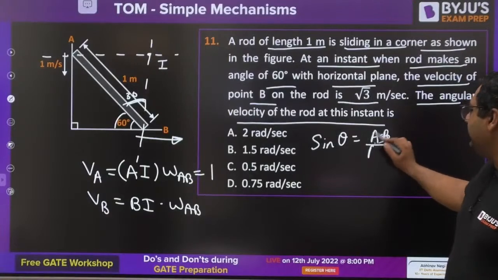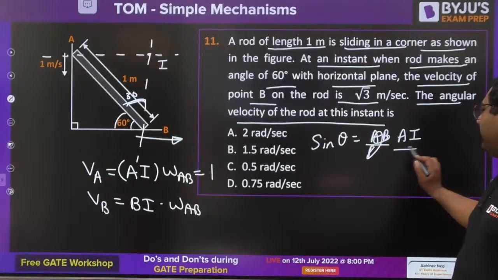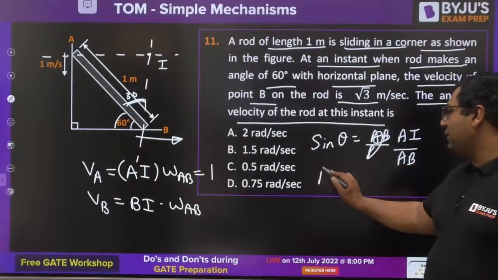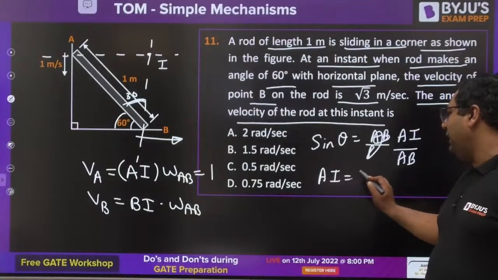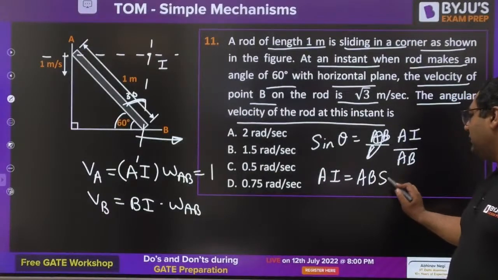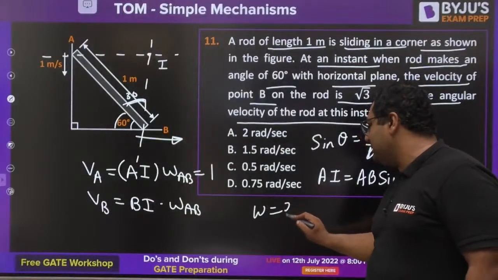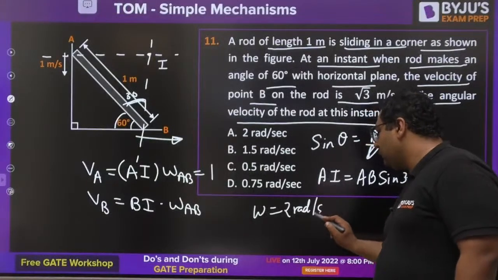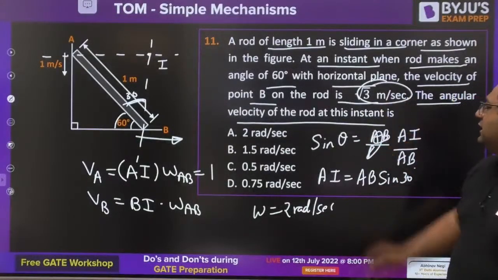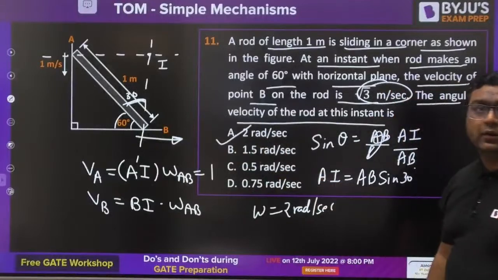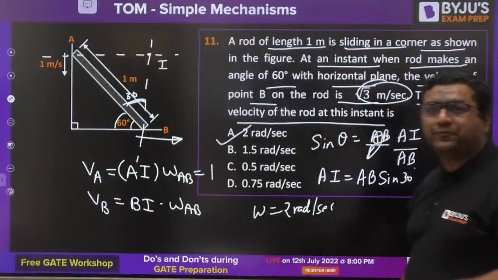Perpendicular is AI divided by AB. From here you can find out AI to be AB sine 30. Putting this, you will be getting omega to be 2 radians per second. They have given both velocities actually. Okay, very good guys.